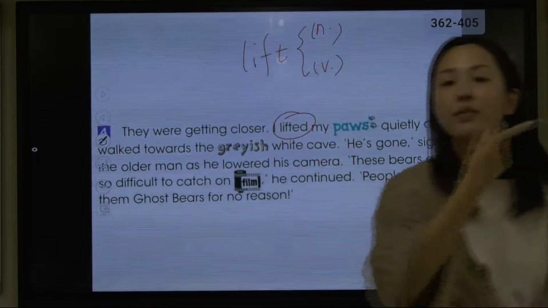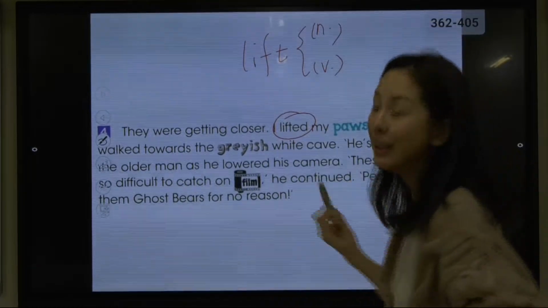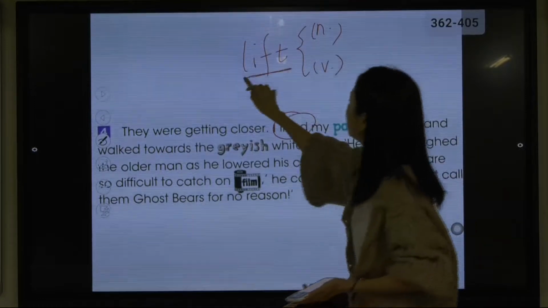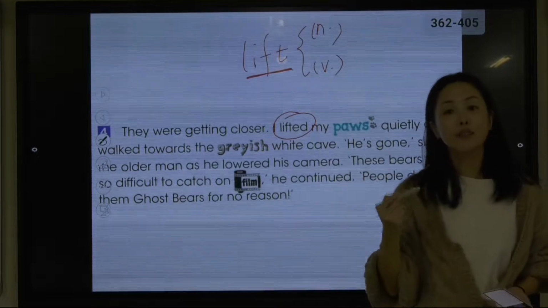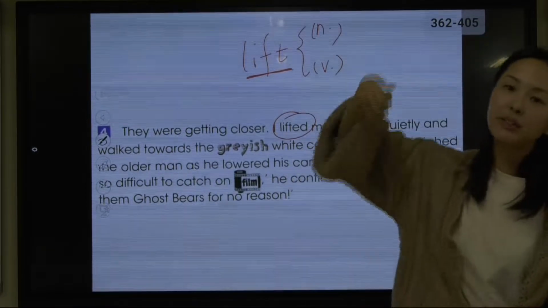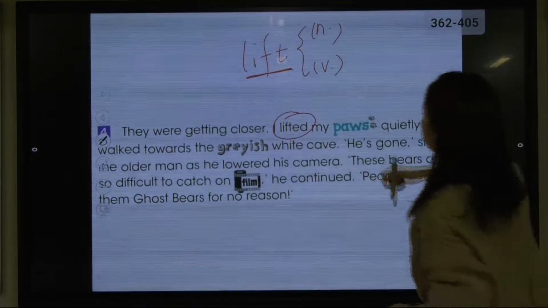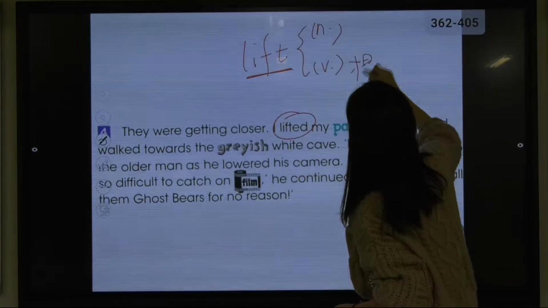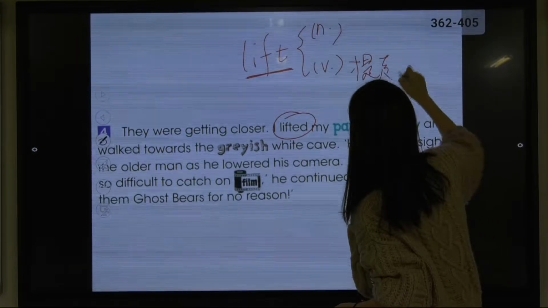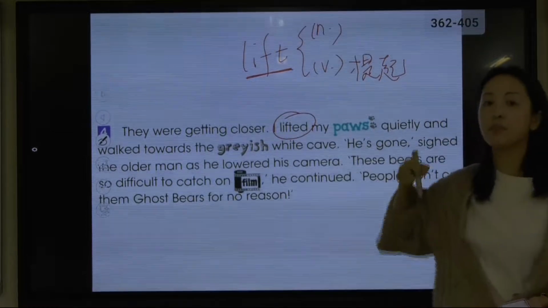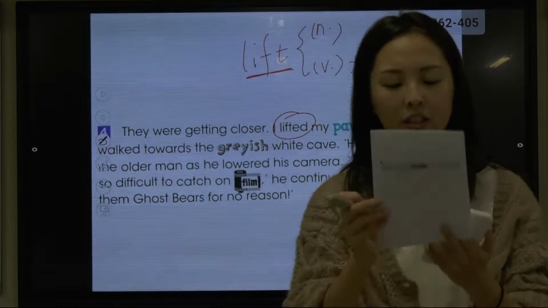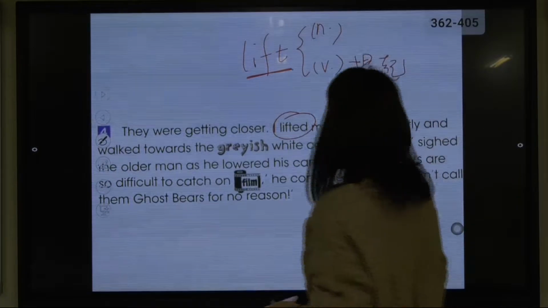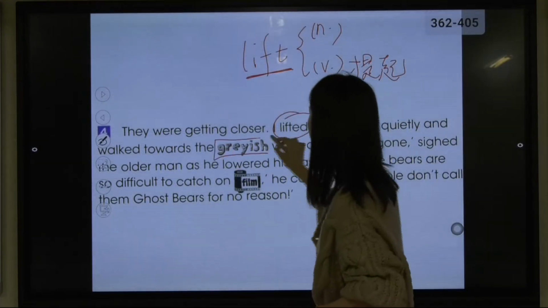I will take the lift, lift, leap, okay? 升降梯, okay? And then verb, when it is a verb. So what is lift?